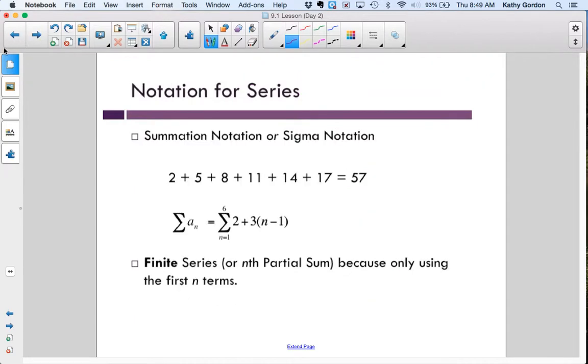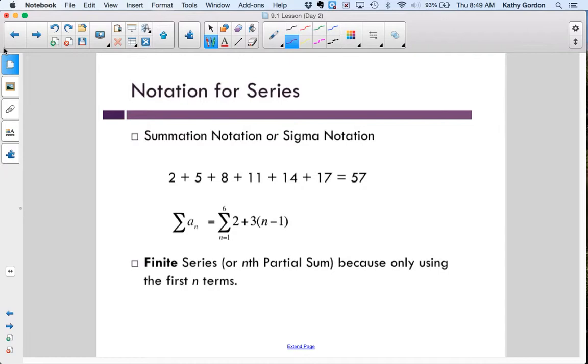Now, there's some notation that goes with this that uses the Greek letter sigma. The sigma is this one that kind of looks like a funky E. And the sigma in mathematics almost always represents a sum. Okay?